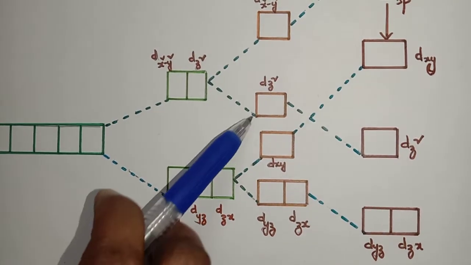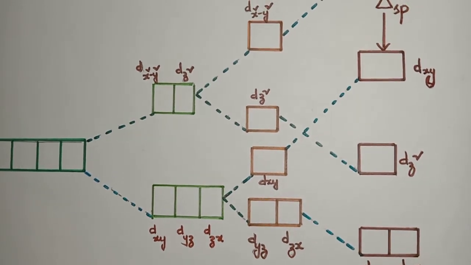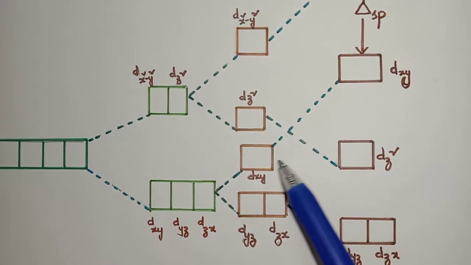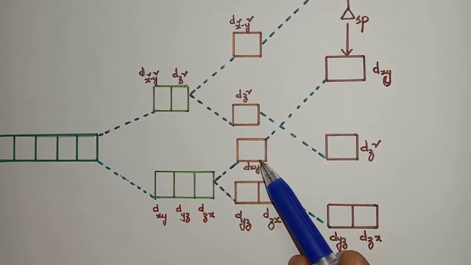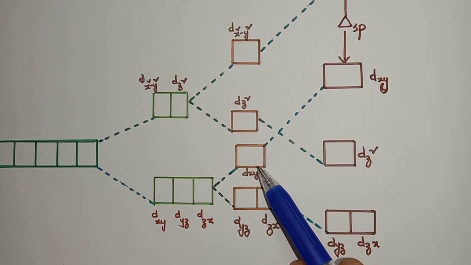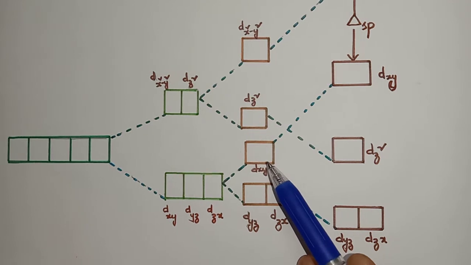Okay, so these are oriented along the z-axis, and hence they will have less energy. Whereas dx square minus y square and dxy, they are oriented along the x and y axis. So they will have more energy, which we have learned in the previous points.